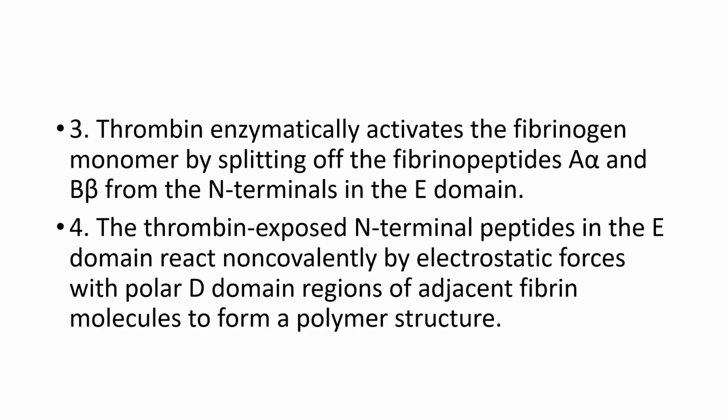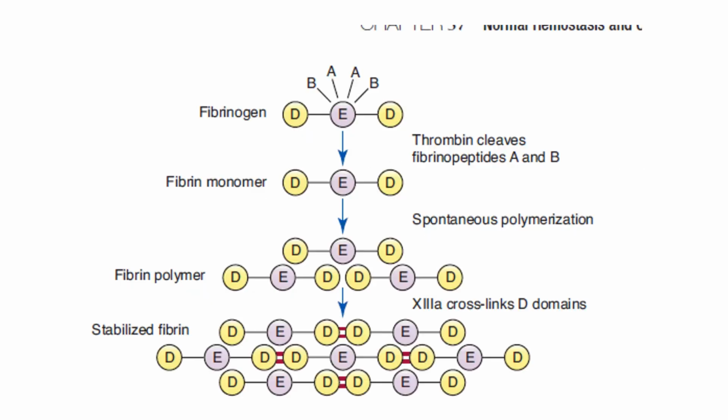Yeah, so the thrombin exposes the peptides in the E domain and it reacts non-covalently with this part of the molecule. In this diagram, we can see that when thrombin removes the A and the B peptides from the fibrinogen molecule, it becomes a fibrin monomer.